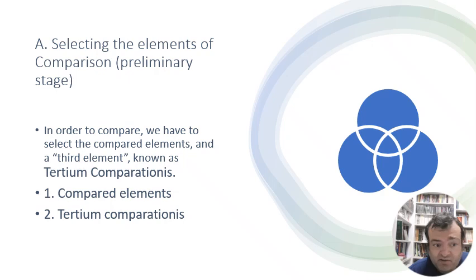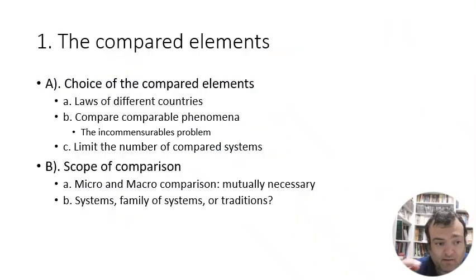So first, it requires at least two elements to compare, but also it requires a third element known as the tertium comparationis that will play a central role in comparison. So first, the compared elements and then the tertium comparationis.